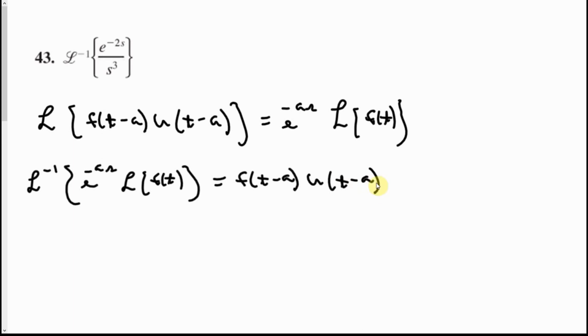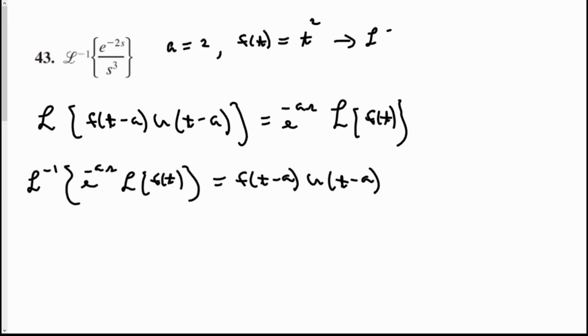Okay. So still 2 things you want to identify, and that is what is a? A here is 2, and then what's the function that we're dealing with? What's f of t? Now f of t here, you get the idea that they're using this t squared. But watch this.